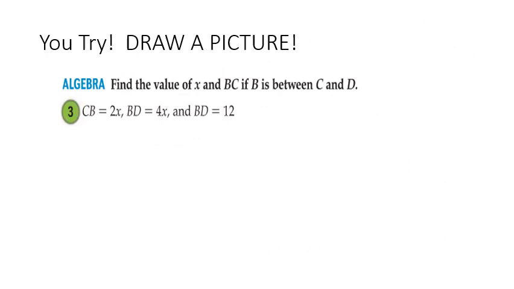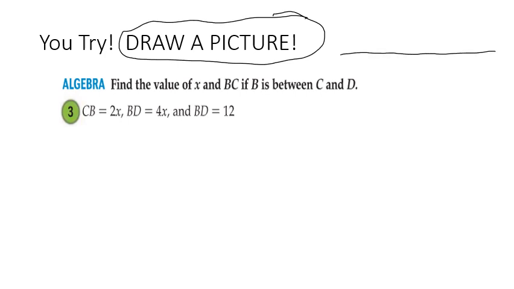Now you try one. We'll pause the video while you take a moment. Make sure you draw a picture. I wouldn't have written this up at the top if it weren't important. I'm going to draw a picture. It says B is between C and D. CB is 2x, BD is 4x, and wait a minute, BD is 12?